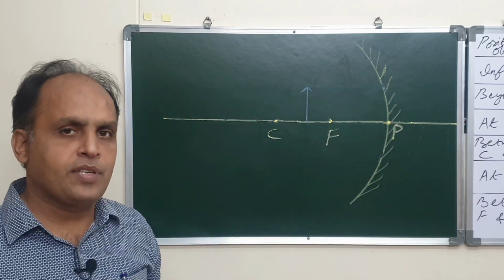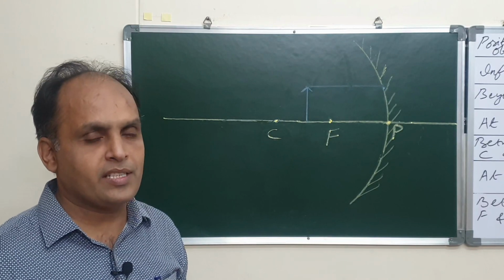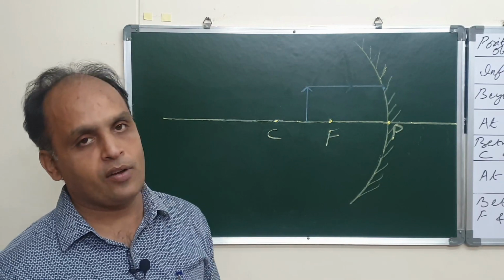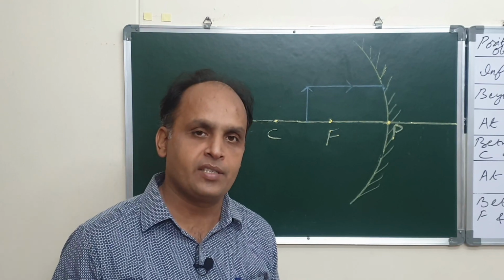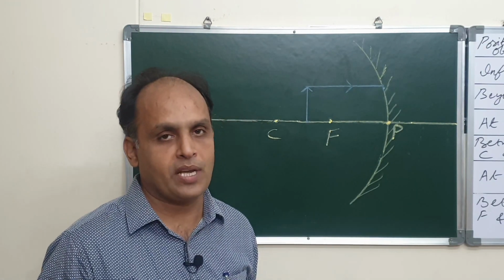And this time the second ray will be drawn in such a way that it hits the mirror at an angle of 90 degrees. So any ray of light which hits the mirror at an angle of 90 degrees would obviously go through center of curvature.